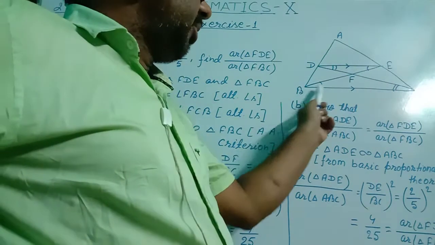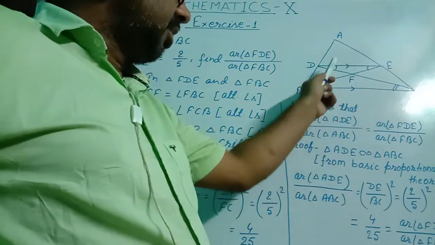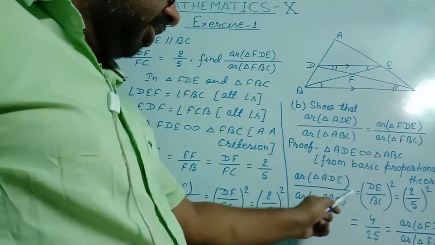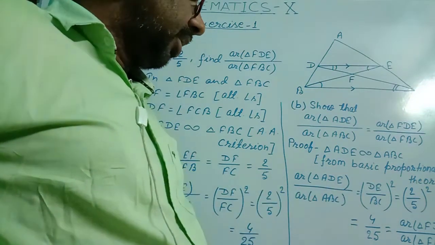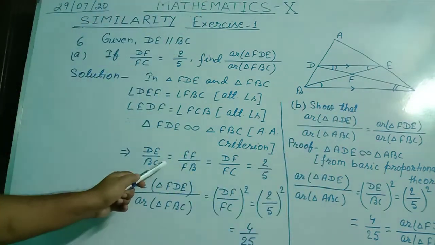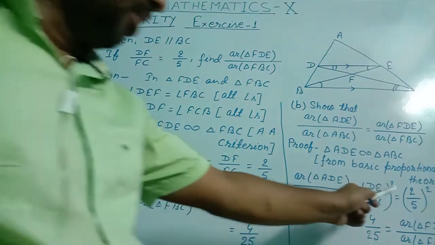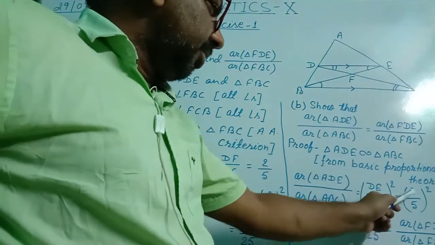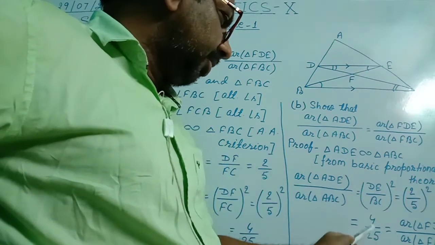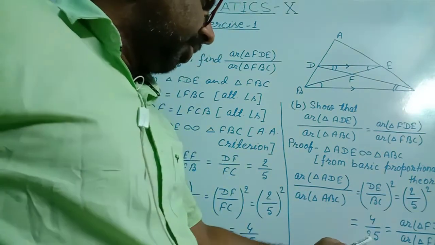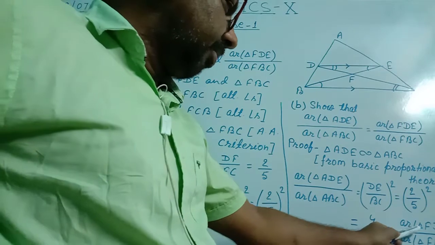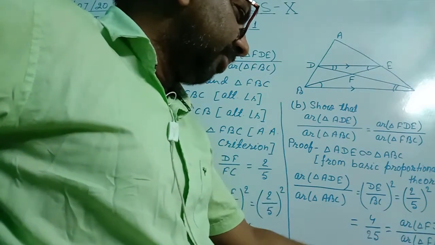So DE and BC are the corresponding sides. So this area by this area equals DE by BC whole square. And from the earlier result you are getting DE by BC equal to 2 by 5. So I kept this value here, DE by BC equal to 2 by 5 whole square, that is equal to 4 by 25, and that 4 by 25 is equal to area of triangle FDE by area of triangle FBC. Proved.